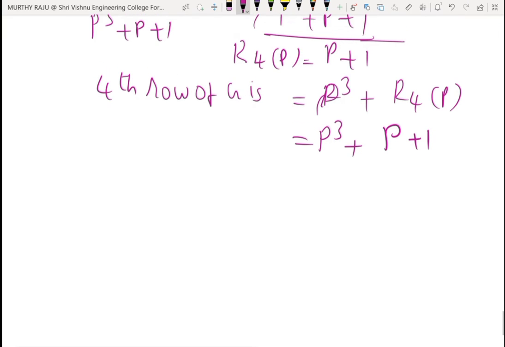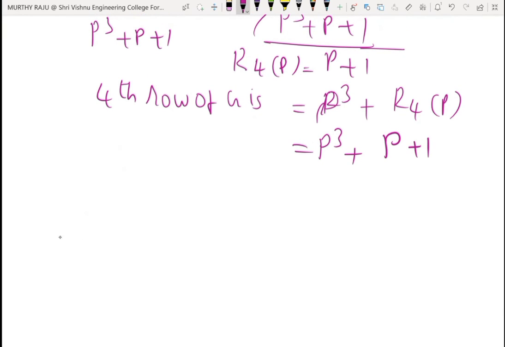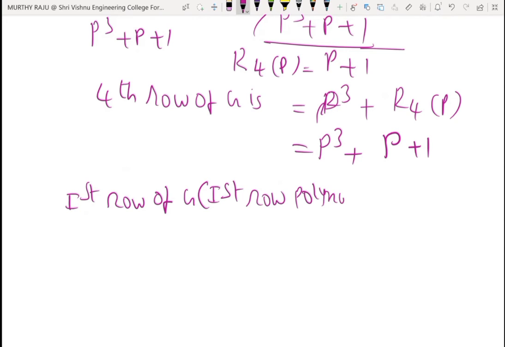Now represent the 4 rows of G. First row polynomial, that means t is equal to 1: p power 6 plus p square plus 1.